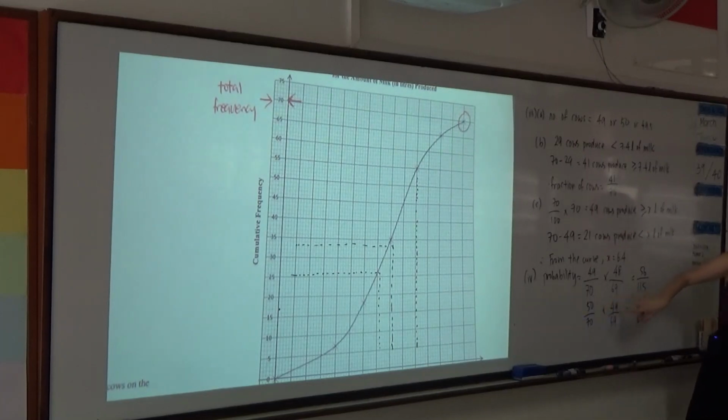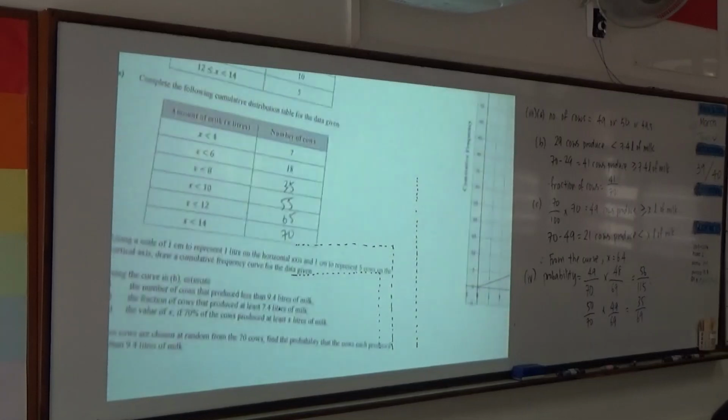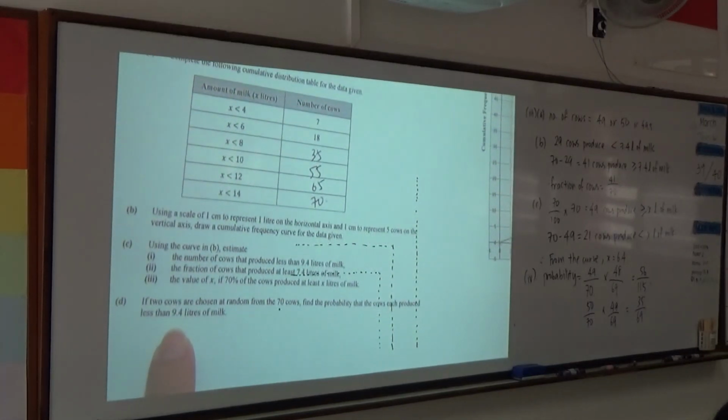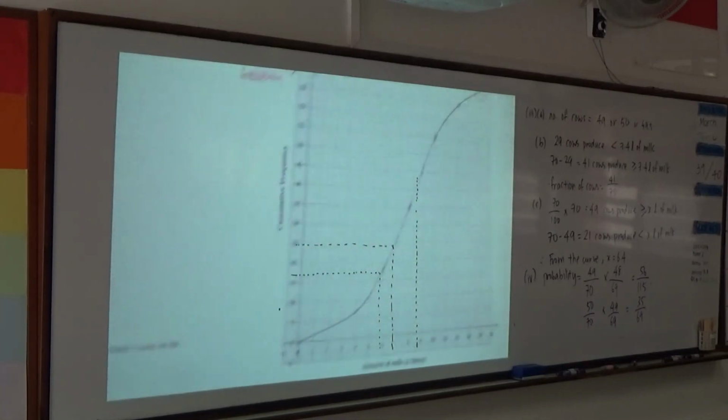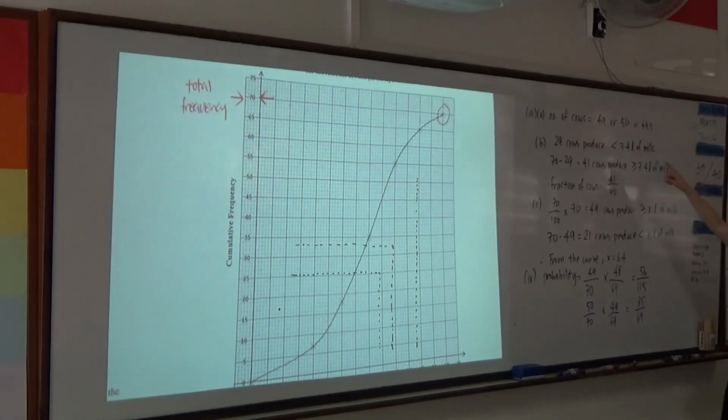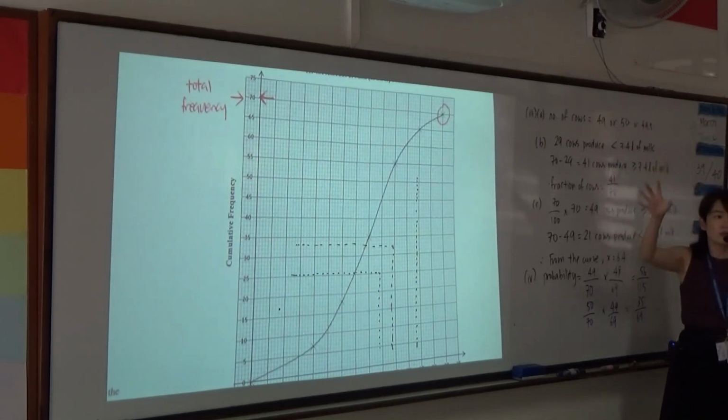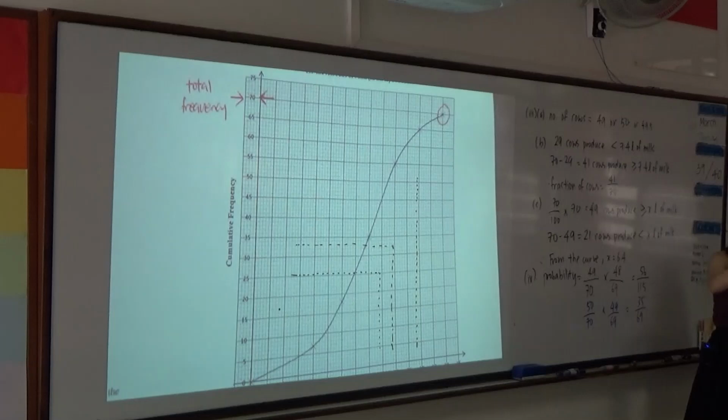The last part is your probability. We're looking at a pool of 70 cows. 49 of them, based on your part A answer, are able to produce less than 9.4 liters of milk. So out of these 49 cows, I take away one already.